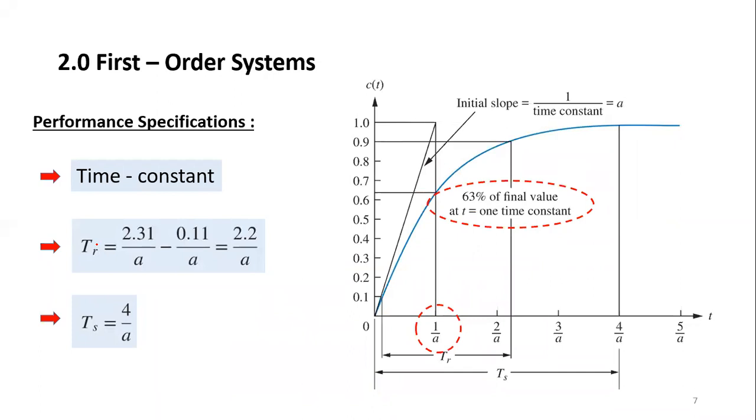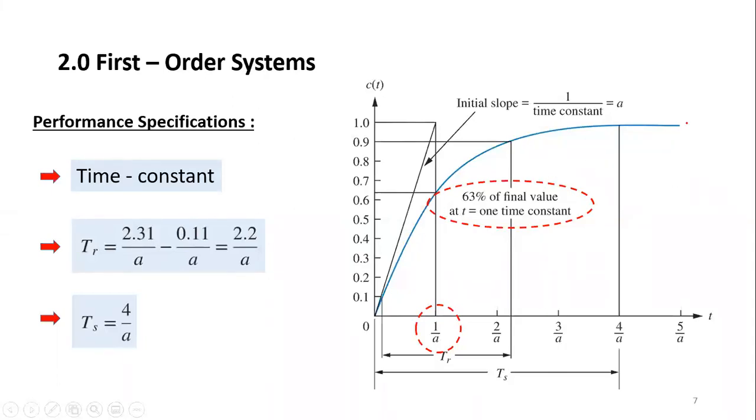Okay, the thing that you need to know for a first order system is the time constant. The performance that we evaluate for a first order system is the time constant: the time for your system to respond from 0 to 63% of the final value.